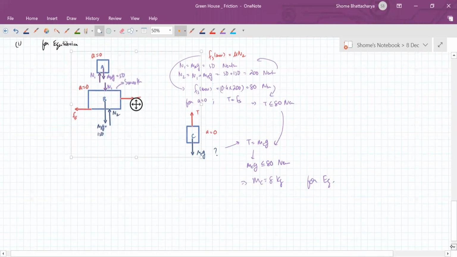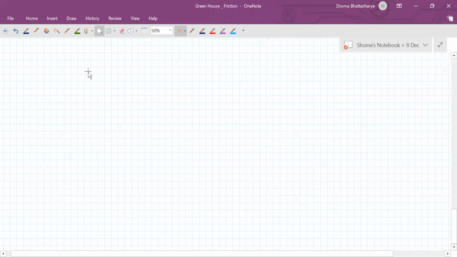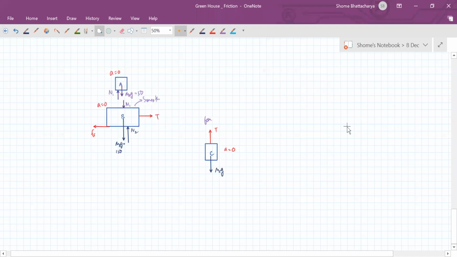So more or less the same free body diagram, just that the values are changing, and that's why acceleration is coming into the picture. So this acceleration will be 0, but this one won't be 0.